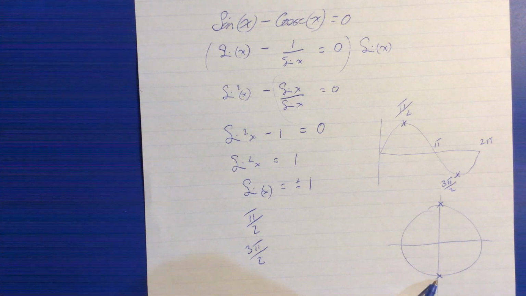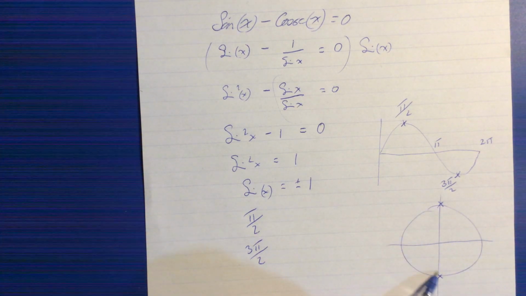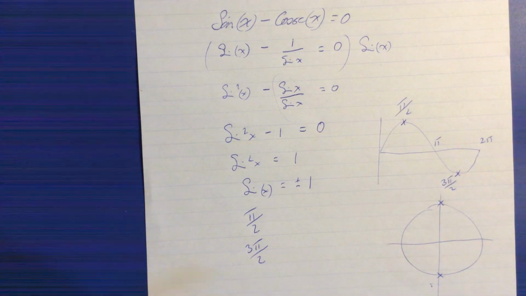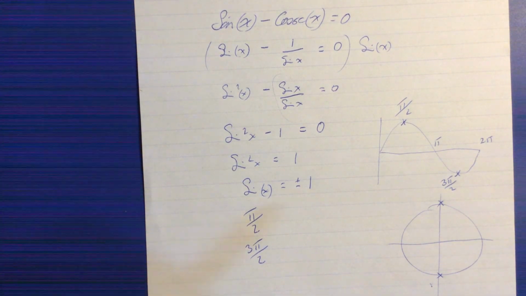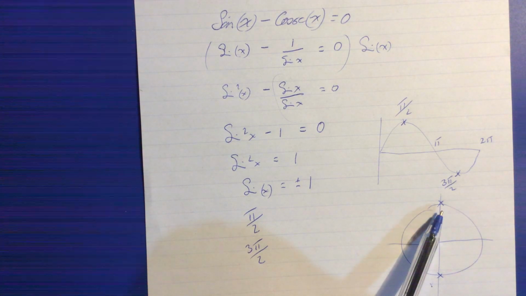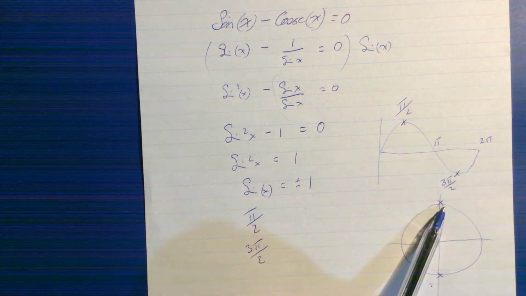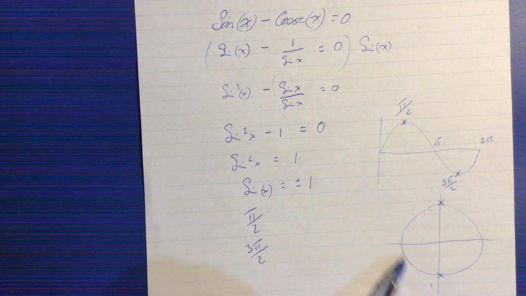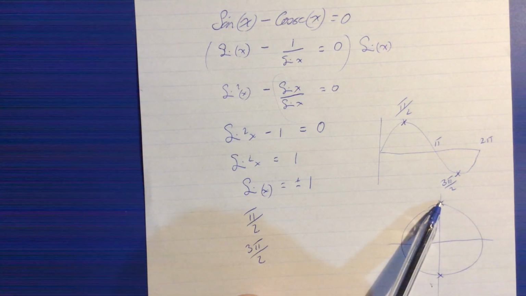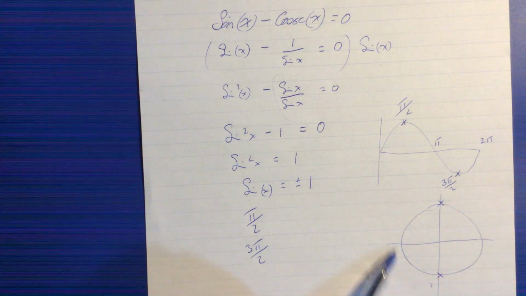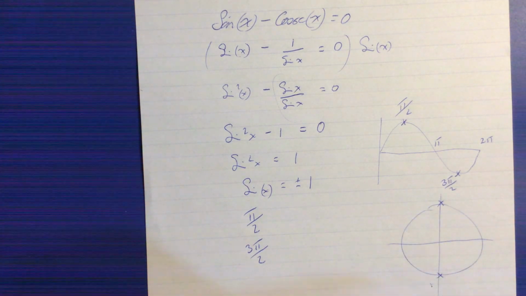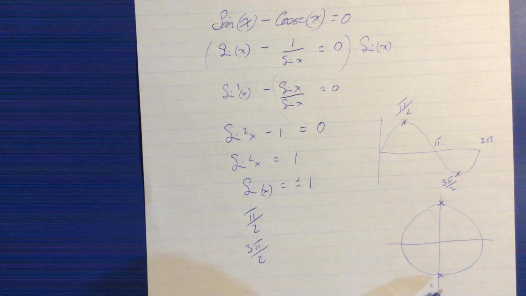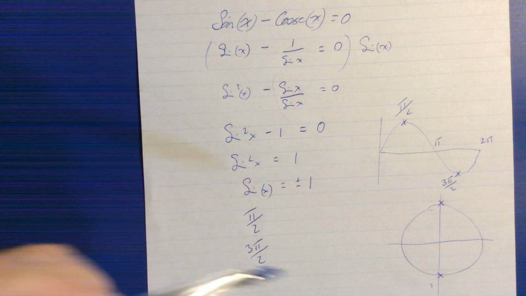And if we start here at 3 pi on 2, we have to go around 2 pi to get back to that. Now, it would indeed be possible to write this, I think, as a single expression for a general solution, which would be to start here and add pi and add pi and add pi, or to start here and subtract pi, subtract pi, subtract pi, and we would always wind up at either plus or minus 1.